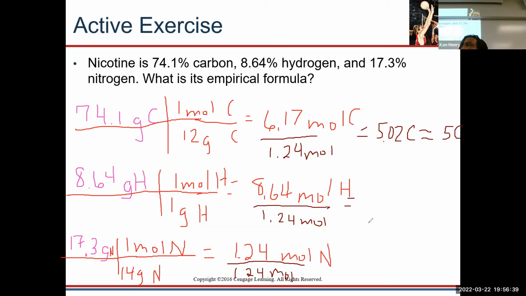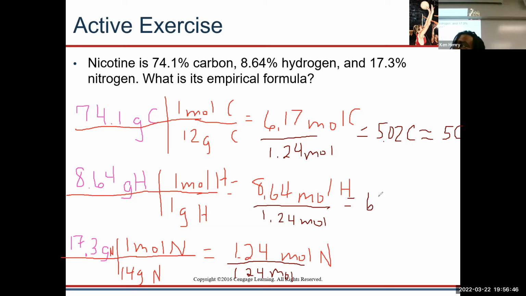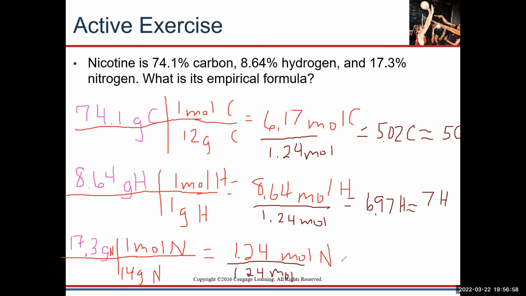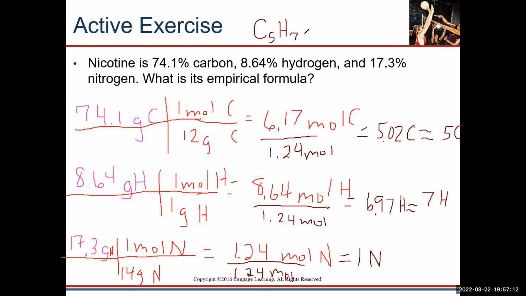What are we getting for hydrogen? 6.97, so that's approximately 7. And then 1 for nitrogen. So our chemical formula is going to be C5H7N. That's right.